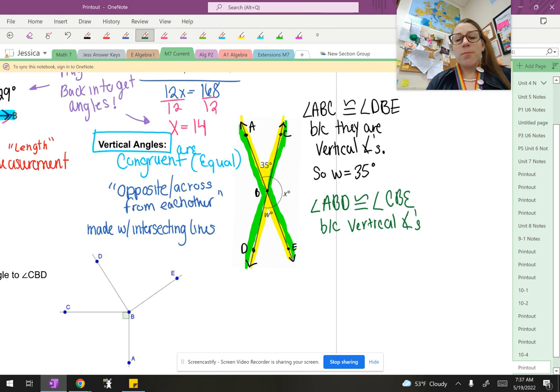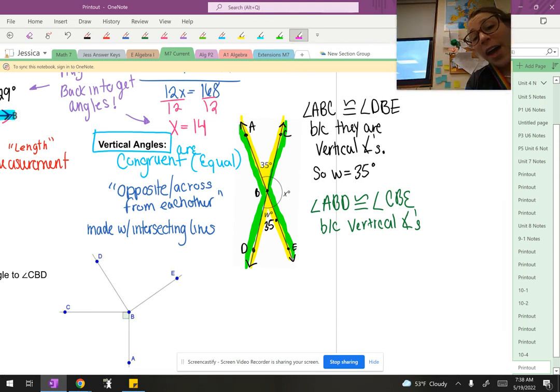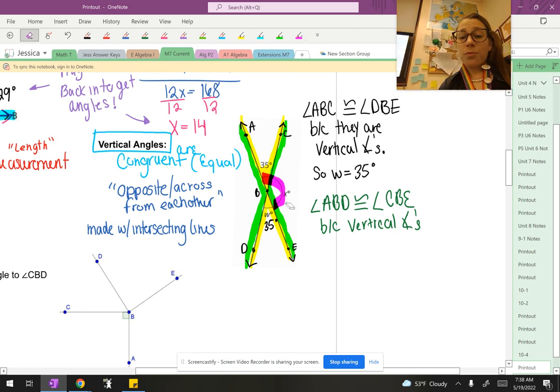So here, while I don't know the measure of angle x, I do know the measure of angle w. I know that w, because it's equal to the one across from it, is also 35 degrees. Well, look at what's happening if I look at angle ABC and angle CBE.